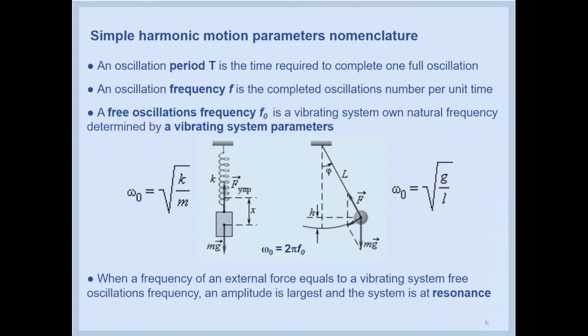And as was mentioned already, free oscillations frequency. And one more thing should be mentioned here, the phenomenon of resonance. Resonance, what is this? When the frequency of an external force equals the free oscillations frequency of a vibrating system, the amplitude is the largest. And in this case, it is said the system is at resonance.